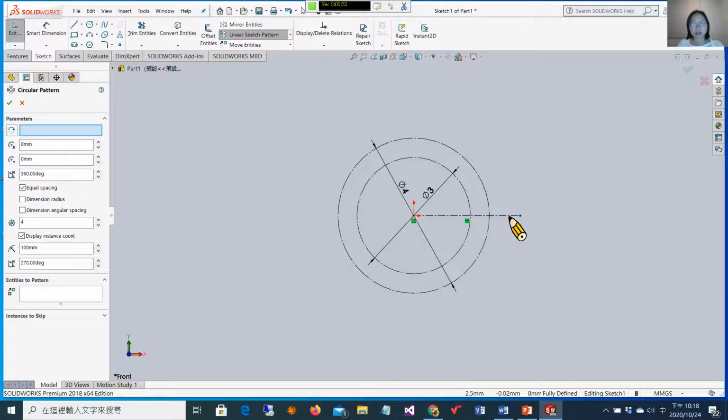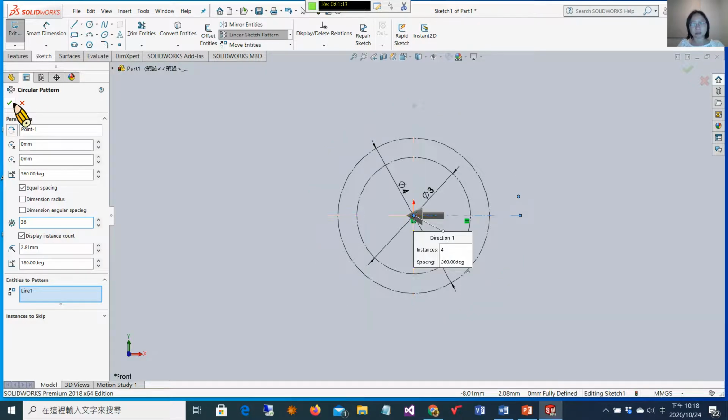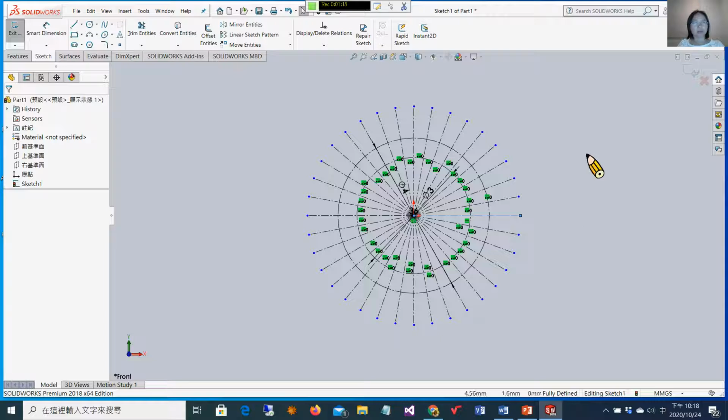Select the entity, and I use equal spacing for 360 degrees and there are 36 entities, and OK. So we get the 36 positions like this.